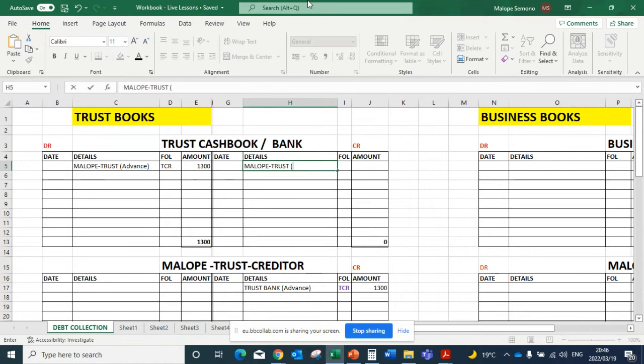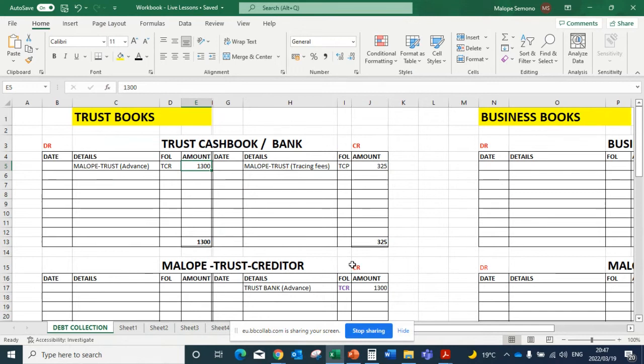In brackets, I can just write tracing fees. Just for control, trust cash payment. And how much must I take? 325. It means the amount that I received has been reduced by 325. That's why I came to this side. Remember, this side is where I decrease, and this side is where I increase.